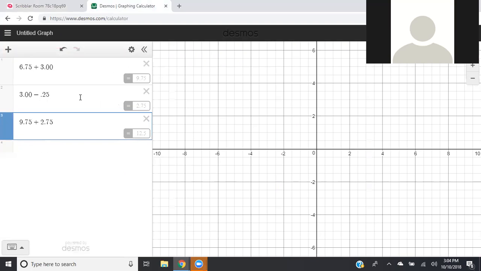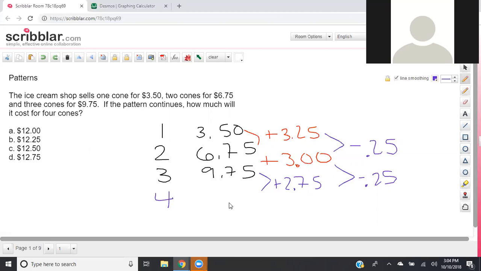So the $9.75 plus $2.75 is $12.50. And that is for 4 cones. So we answered the question. We always want to check, did we answer the question? For 4 cones, it costs $12.50.